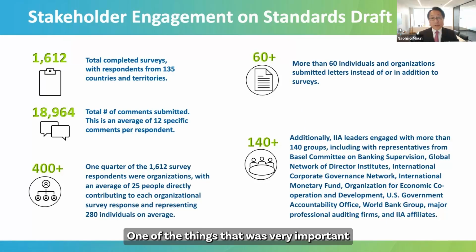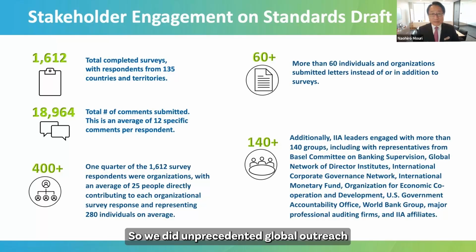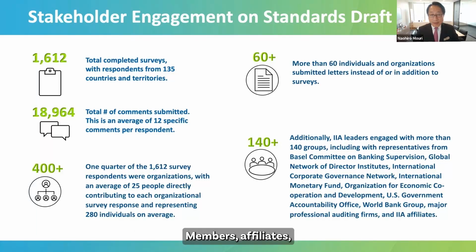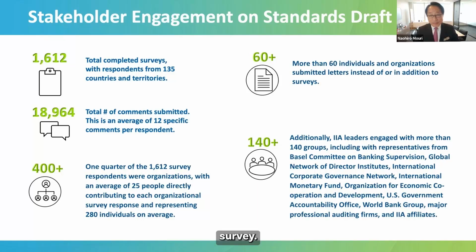One of the things that was very important to us as we went through this process was that we received as much input as possible. So we did unprecedented global outreach to everyone who could give us insight. Members, affiliates, chapters, and external stakeholder groups, culminating in the 90-day public survey.